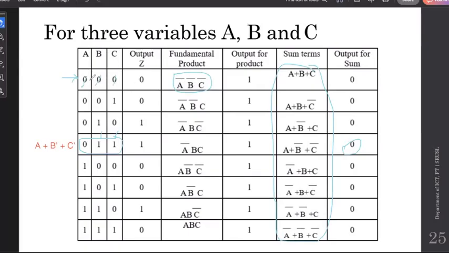So to make this 1, we multiply A bar, B bar, and C. That is the logic. And here we already have 1 and 1, and if you multiply with this 0, it is again going to be 0. So we have to make this 1. So how should you multiply that? A into B bar into C. So this is how you derive the expression.